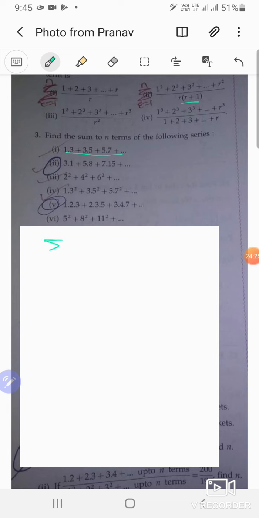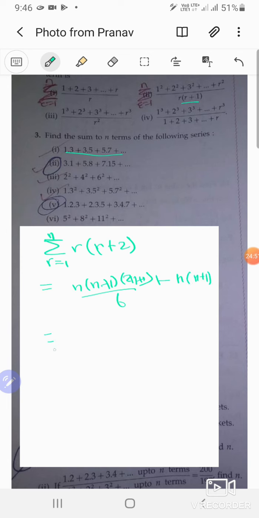Fine. So this is the summation from r equals 1 to n of, for the first term you got r, and then you got r plus 2. So what's that supposed to be? That's supposed to be r squared plus 2r, right? So for r squared, you will just have n into n plus 1 into 2n plus 1 upon 6, and then for 2r, that's n into n plus 1 upon 2 into 2, so that cancels.